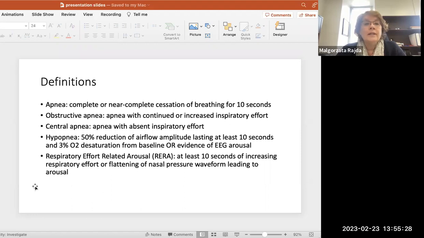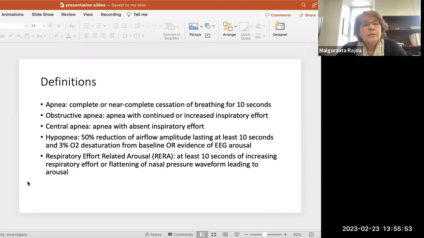So those are centrally driven events, and we see them mostly in individuals with heart conditions such as atrial fibrillation or heart failure. They can also occur in the presence of CNS lesions or in kidney failure.